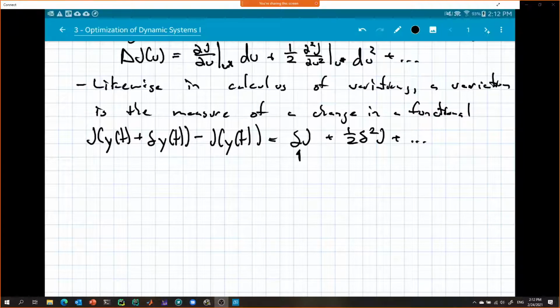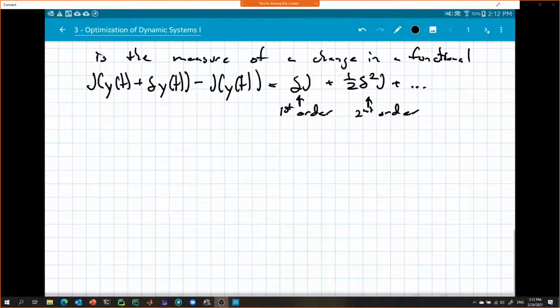This is the first order change, this is the second order. So it's like normal calculus. It's like a squiggly delta.